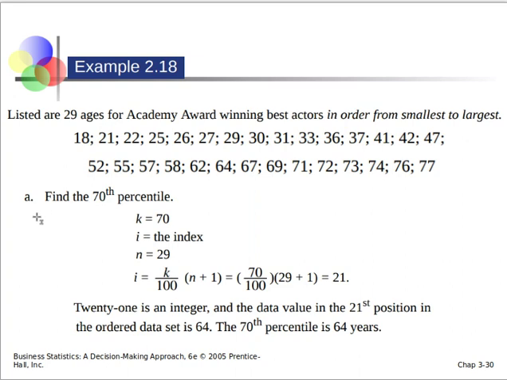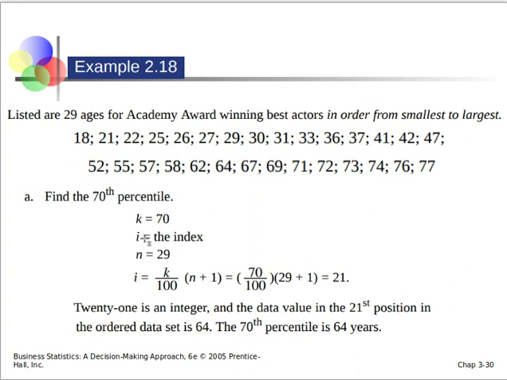One question is find the 70th percentile. For the 70th percentile, class, the K is 70 because you are looking for the 70th percentile. The K is 70, I is the index, N is 29.